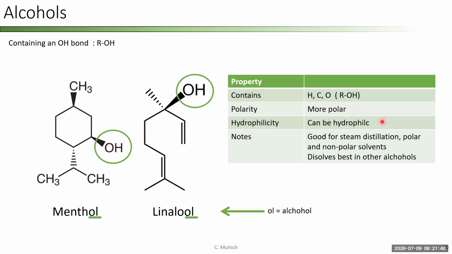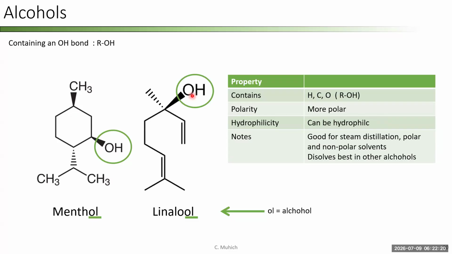So think ethanol, or what you normally think of as alcohol, that you could drink. That is hydrophilic. It can mix with water because these OH groups can form hydrogen bonds with the water molecules and each other.